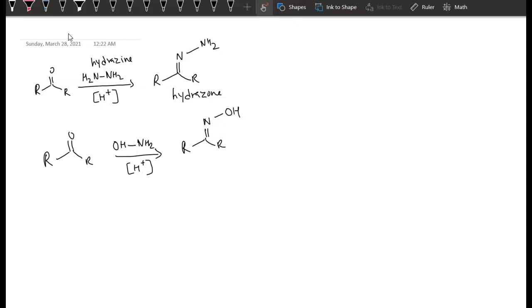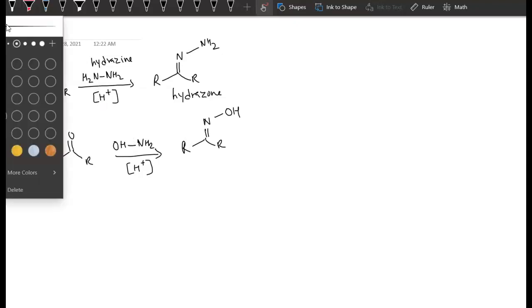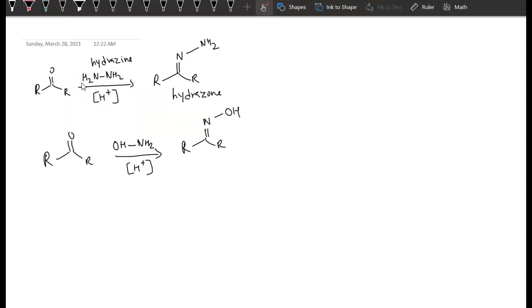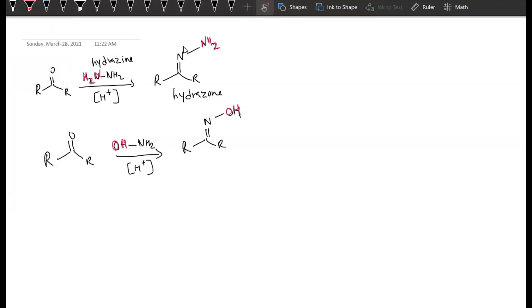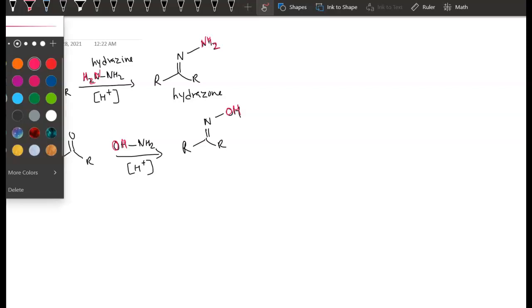Maybe we can highlight the group that gets attached to the NH2. If you have OH-NH2, then the OH gets attached to the nitrogen atom. Make sure that you are able to write down the products when the starting materials are given to you.